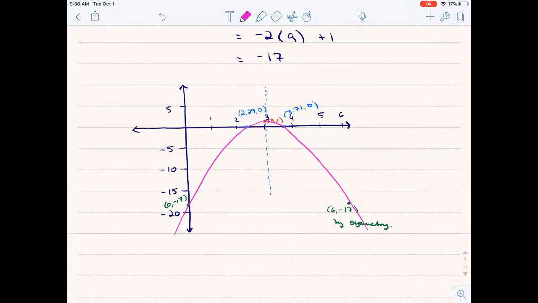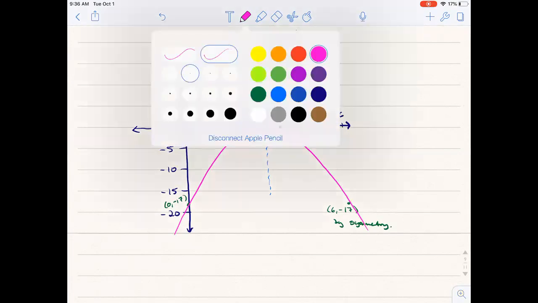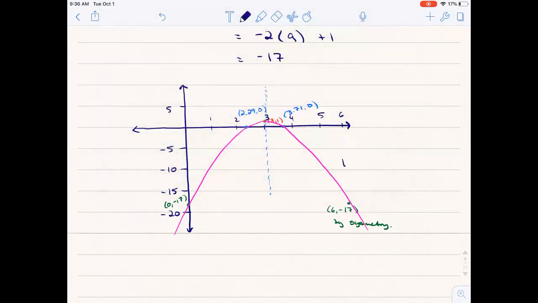Close enough. So this is the graph of h of t is -2 times t minus 3 squared plus 1. You can check that using Desmos if you want, but we won't have time to.